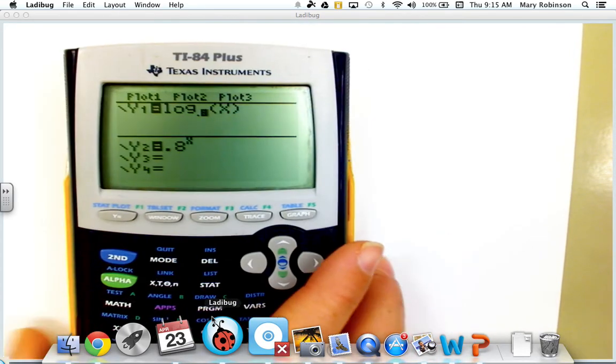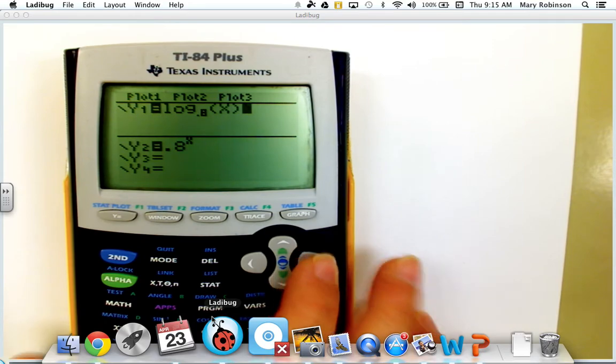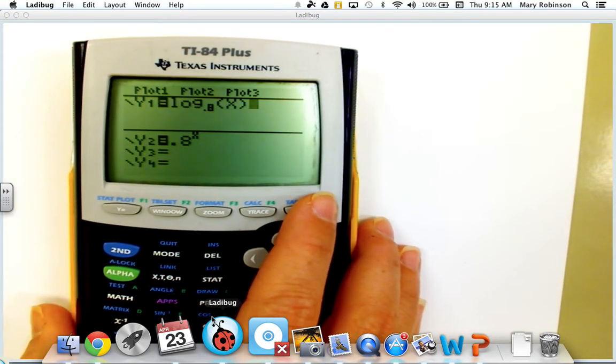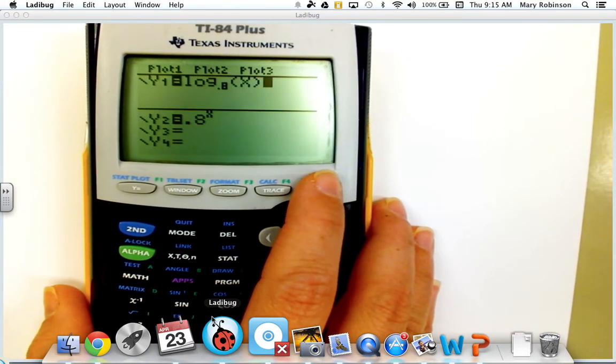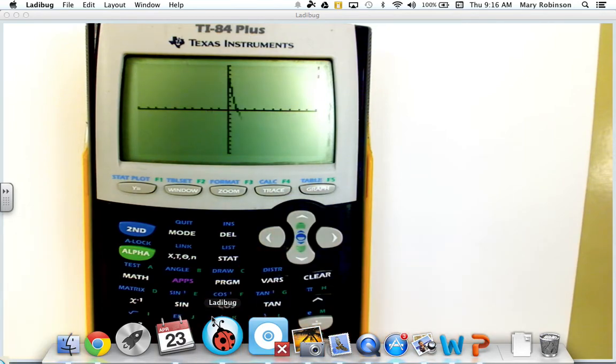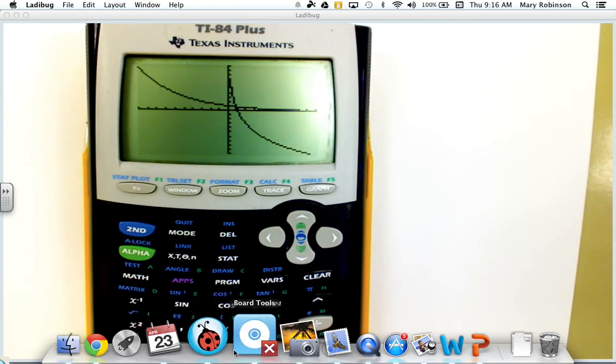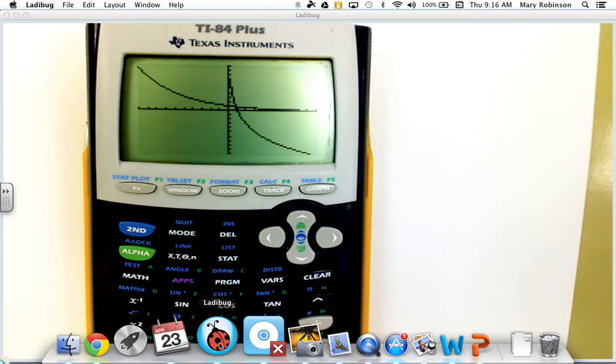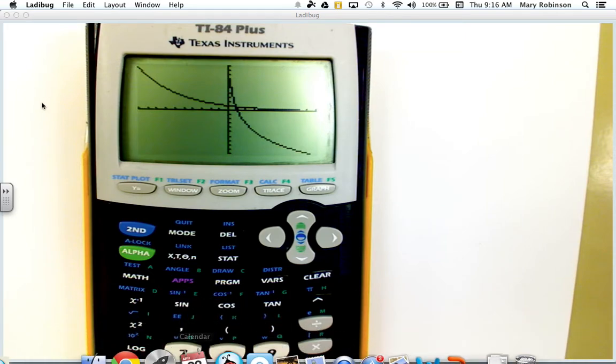So if we've got these two functions, we want to compare the rate of decay. The first one that's going to graph is the log function, and the second the exponential. So let's see what happens. So there's our log function. It actually decreases pretty fast, but that decreases pretty slow. So it actually has the opposite effect. So we could say for the same b value, the log function decays at a faster rate.